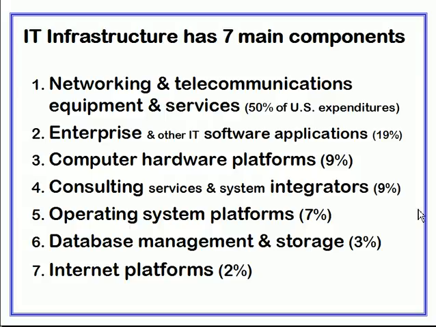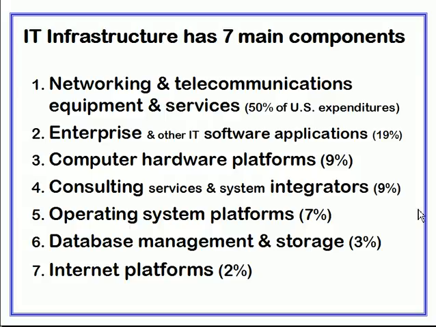Now if we go down there, we see the subject for the IT infrastructure. This is dealing with the 7 main components: networking and telecommunications equipment and services. This amounts to 50% of US expenditures.